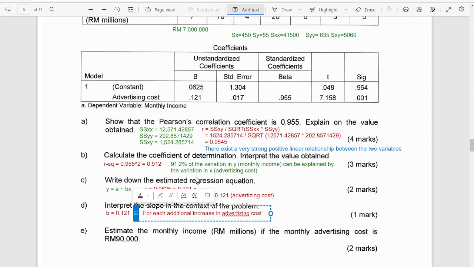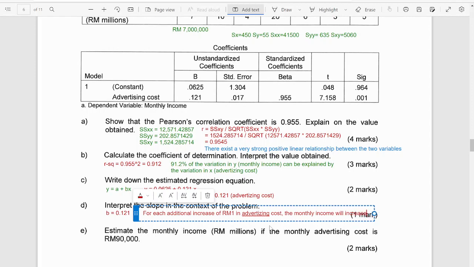Okay, ataupun kita nak letakkan unit tu sama ada letak kat belakang dia punya nilai ataupun letak kat depan boleh. So for each additional increase of RM1 in advertising cost, then you can say that the dependent variable, the monthly income, will increase.